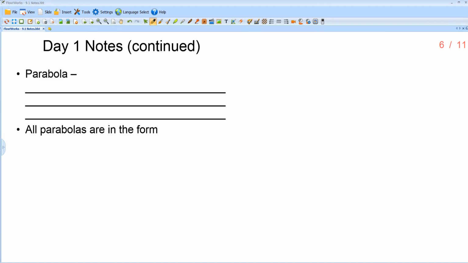So when we talk about the parabola, it's the set of all points that are equidistant, starting off sort of that same way, the set of all points that are equidistant from a fixed line.